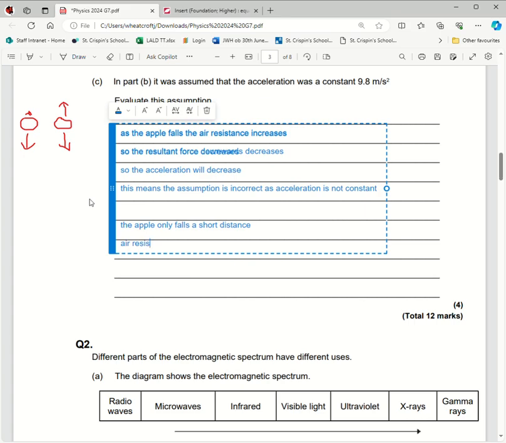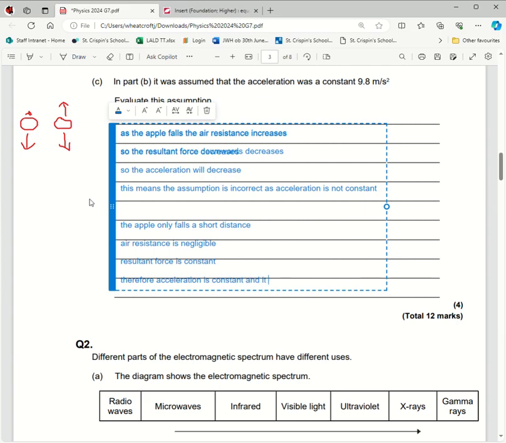Air resistance is negligible. I love that word. Basically, it means that it's very, very small. So the air resistance is negligible. The resultant force is constant. Therefore, acceleration is constant.